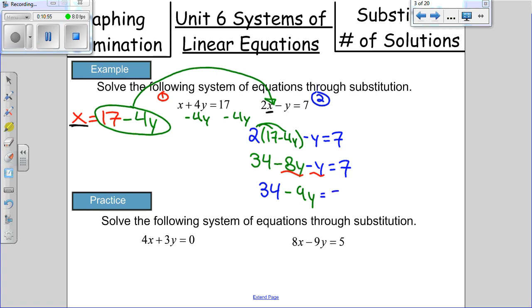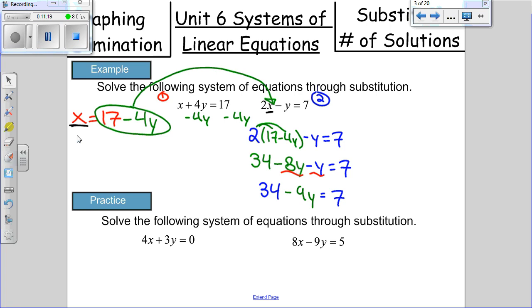Remember there's an invisible 1 in front of that other y, so negative 8 minus 1 would be negative 9y. Once I've multiplied everything together and I've combined my like terms, I now should have a basic linear equation, which I do. I have one letter all by itself, just these y's. Everything else is just numbers or constants.